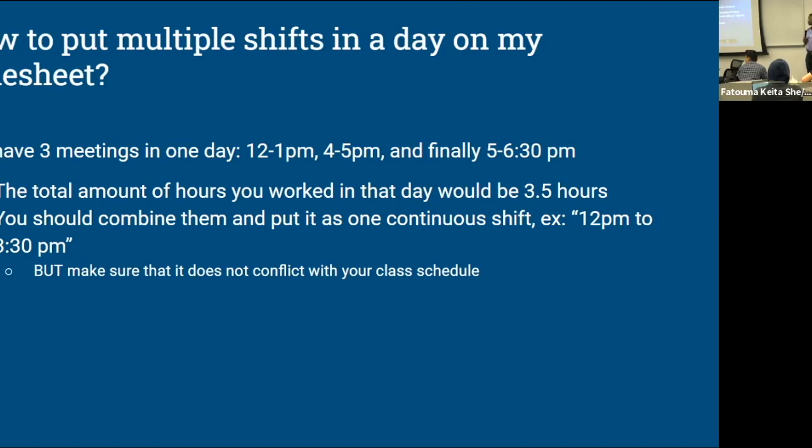For example, in that scenario, we have a class from 1:30 to 2:30. So what can we put in the timesheet? So we can push 12 to 3:30. Great question. You can put on another day on your timesheet that you don't have class. The only thing they're going to cross it against will be your schedule, the class schedule, or your work schedule if you work somewhere else.